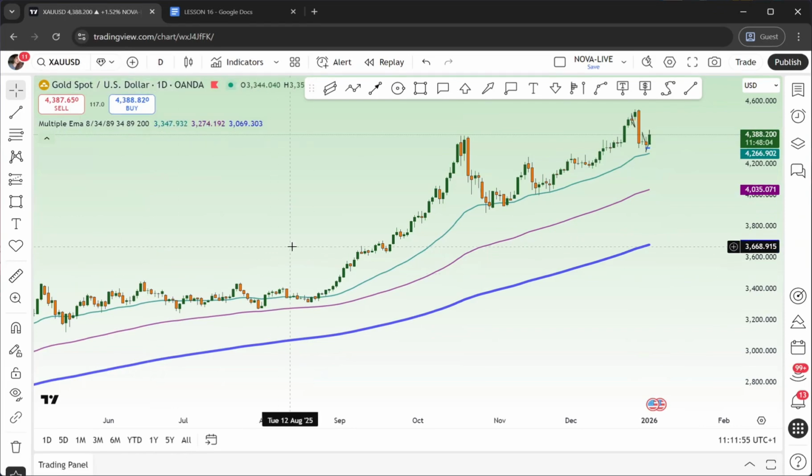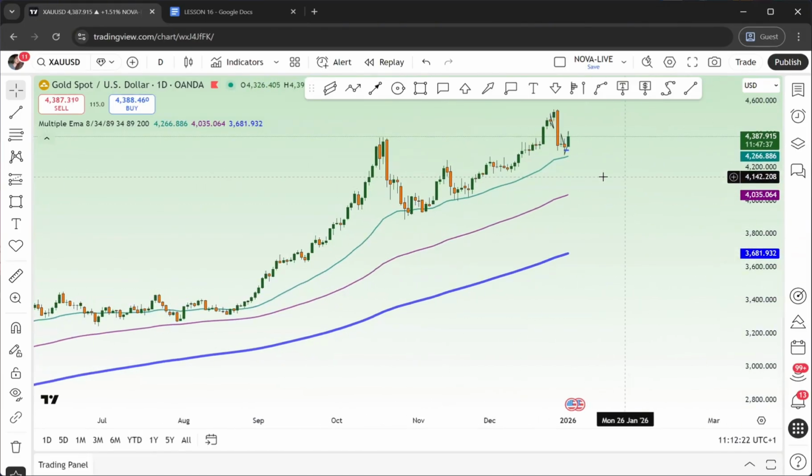So if you want to identify the own trend of any asset you're trading, just open the bigger time frame, like daily or at least daily. So you can see how the candlestick is moving, reacting with the EMA area.